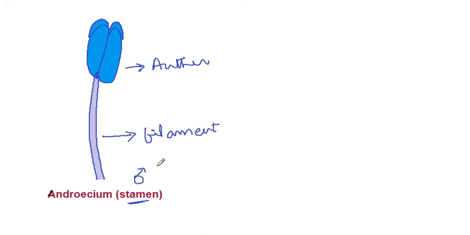The filament is mainly responsible for conduction. It will bring the nutrients for the development of the pollen grains in the anther. So since it is responsible for conduction, it would have the connective tissues, like your xylem and phloem.